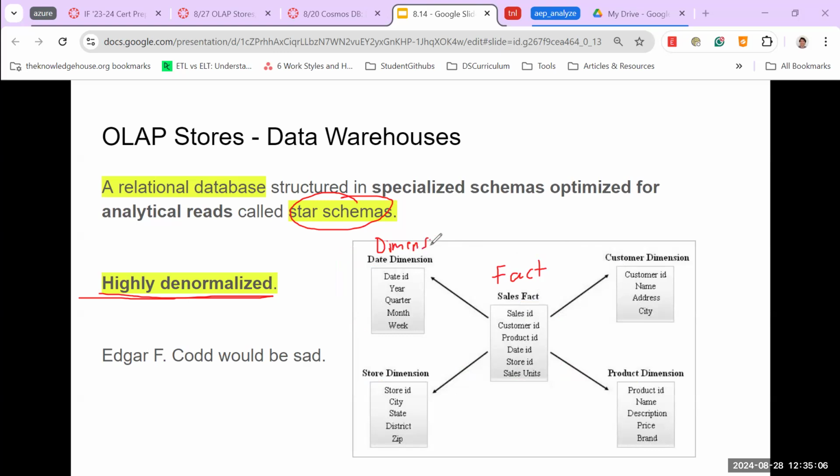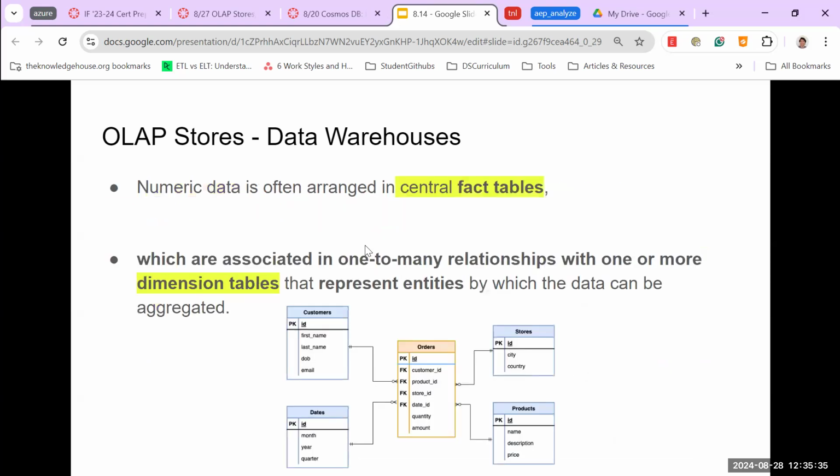And they usually are some sort of dimension that we use to make sense of our fact table. So that's really the key terms that you need to get down here. In the center is fact, and then connected to this table are dimensions. Now, and this is exactly what I said before.